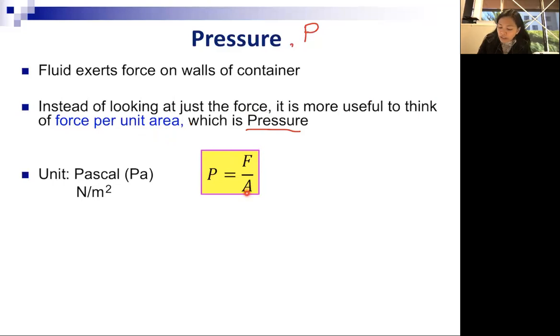The unit for force is Newton, and the unit for area is meter squared. So the unit for pressure is Newton divided by meter squared, which is the same as the unit for stress that we learned last time. It has a special name called the Pascal. The SI unit for pressure is Pascal. You will commonly use Pascal, but note that Pascal is equal to Newton per meter squared.